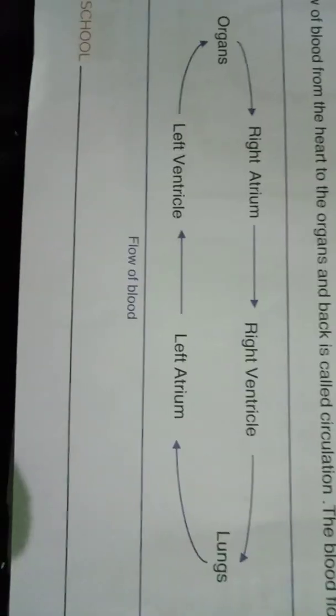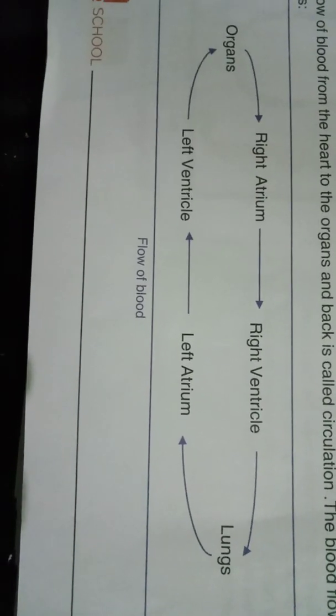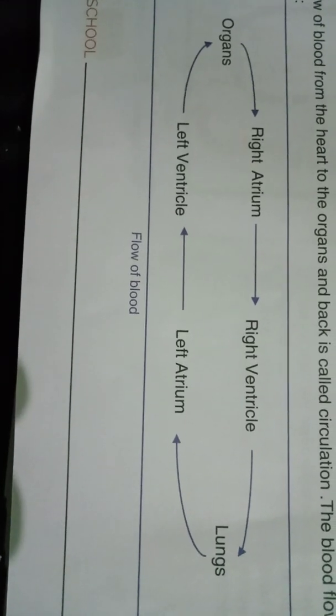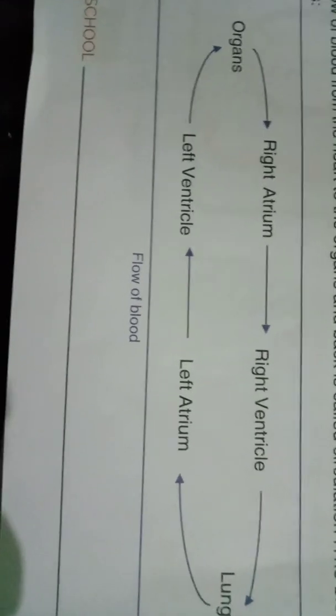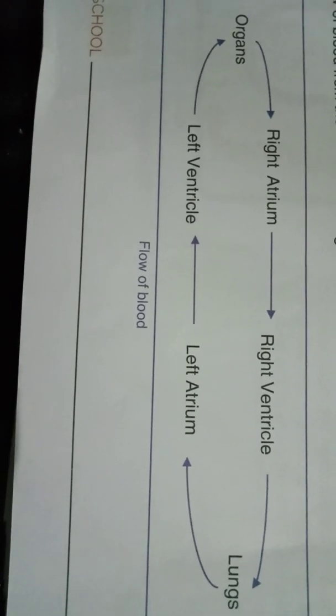Okay, children. The next one is the flow of blood. The flow of blood from the heart to the organs and back is called circulation.